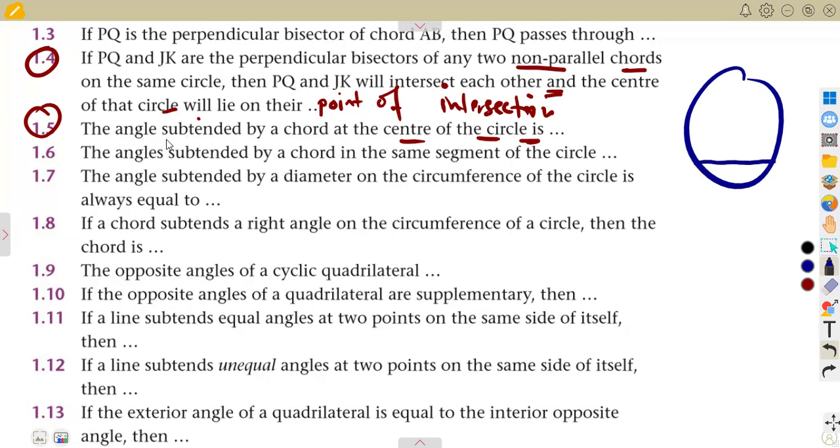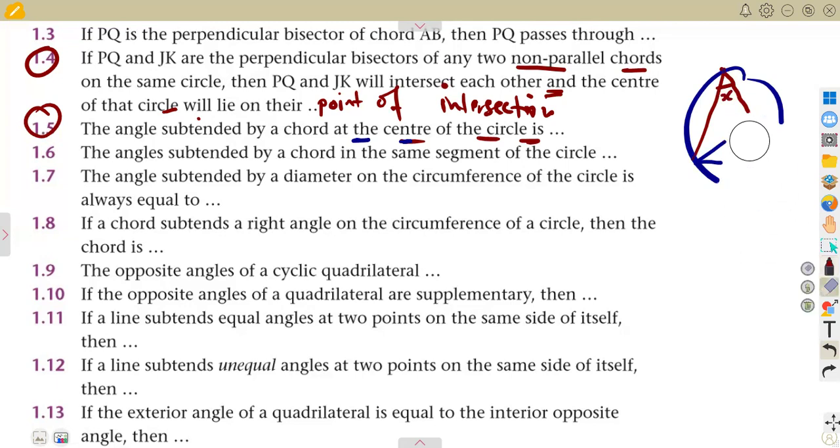So they are saying the angle subtended by a chord at the center, let's say this is our center, is going to be twice the angle at the circumference, as long as it is created at the circumference of the circle on the same side. This angle here at the center is 2 times. If this is x, this is going to be 2x.